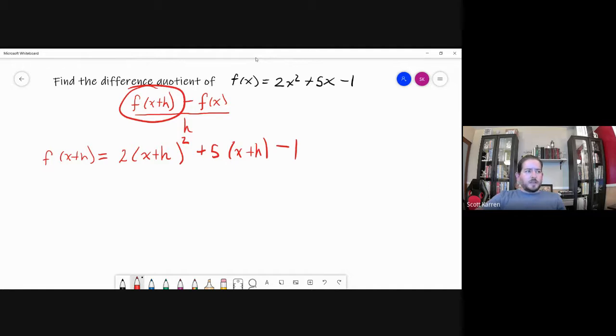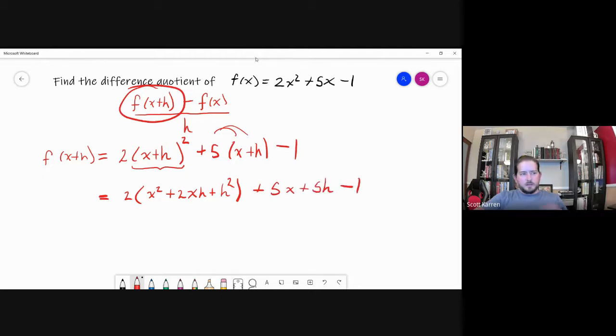So I'm going to expand out x plus h squared. I'll do this on paper if you don't see it, but this is just going to end up being a 2 multiplied out in front of x squared plus 2xh plus h squared. And then plus, I'll just distribute the 5 now. So 5x plus 5h.